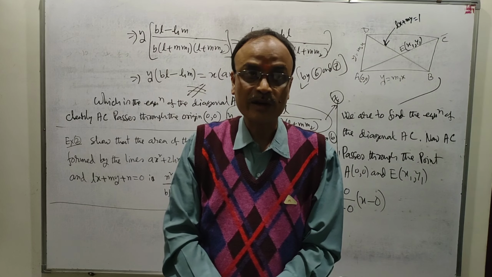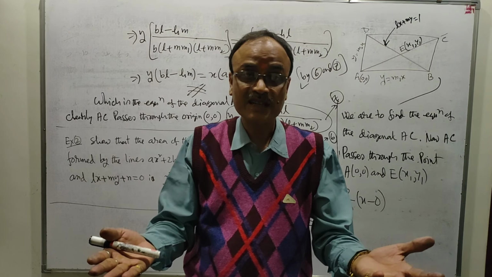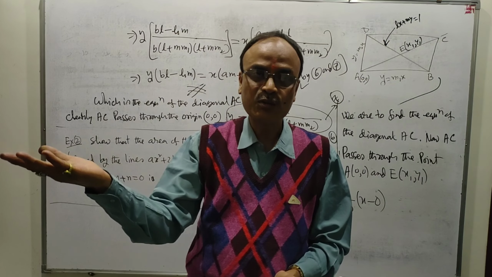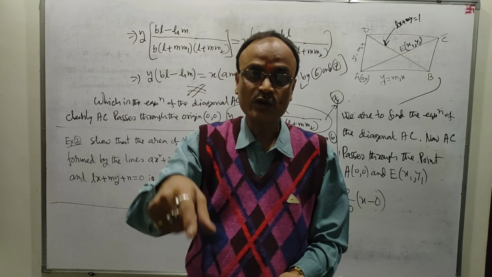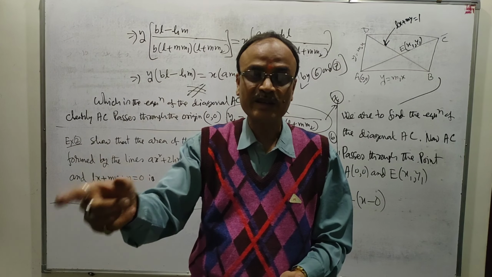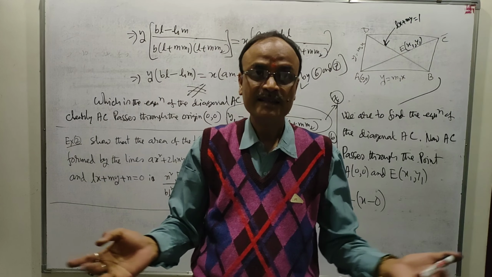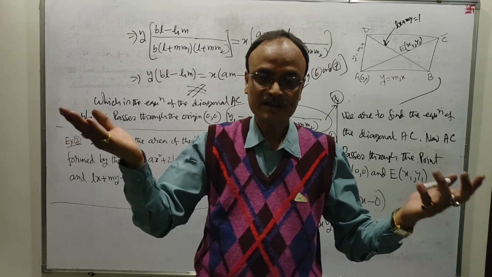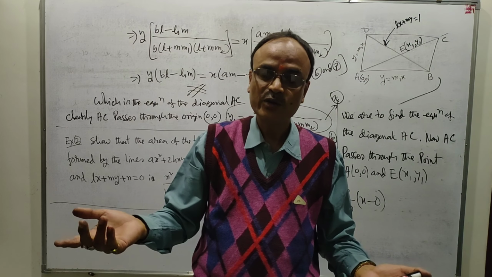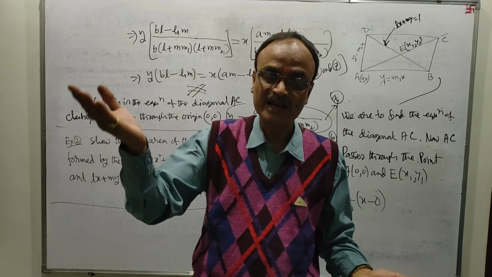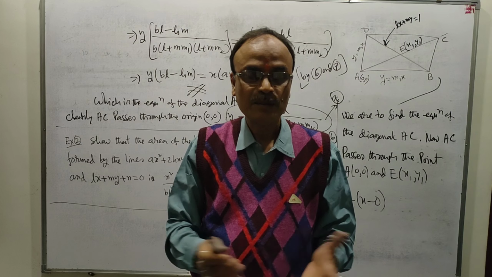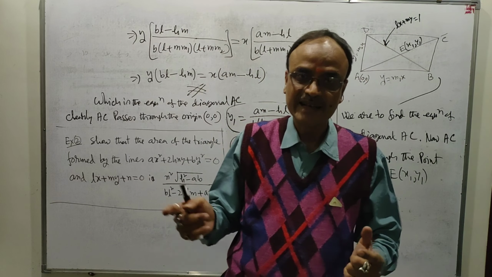What is the equation of a straight line passing through 2 points? Use the formula y minus y1 equals y2 minus y1 divided by x2 minus x1 into x minus x1. Just put this in. In this way, you can find the equation of the diagonal AC also. Perhaps you have understood this.